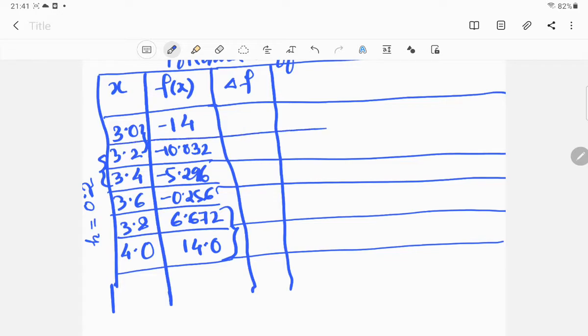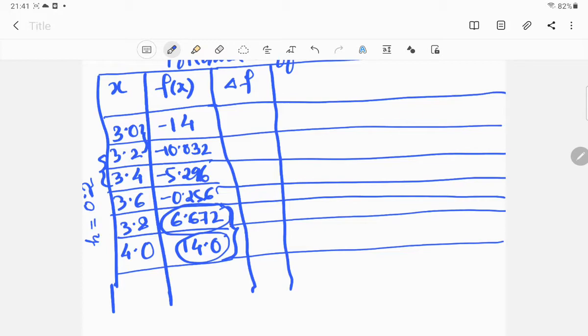Yes, now I think it is complete. Now what is the difference between 14.0 and 6.672? That difference is nothing but 7.328.